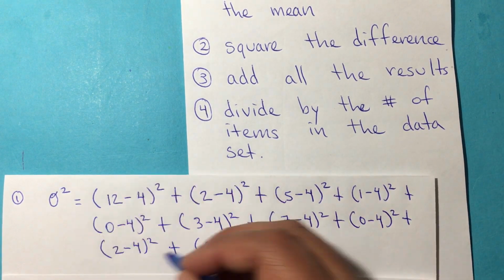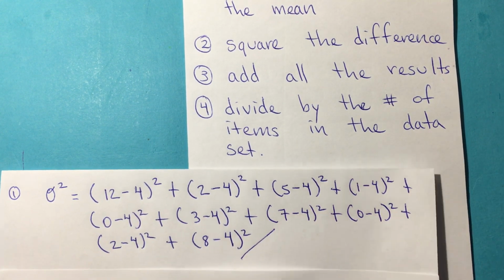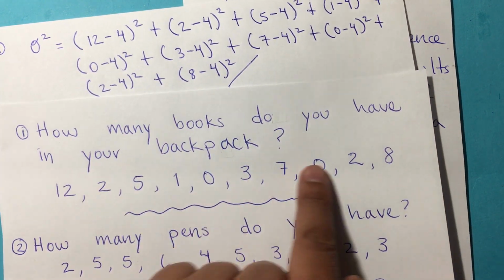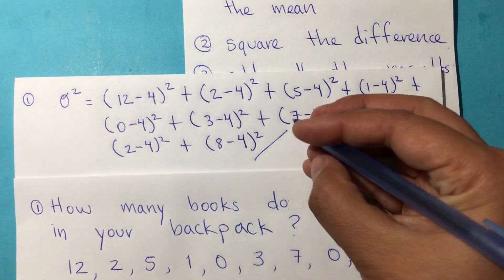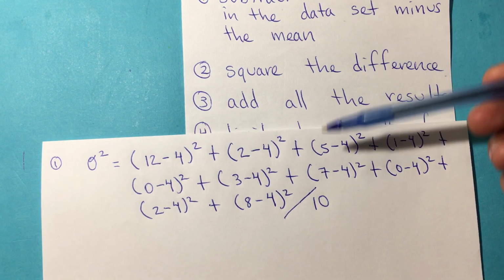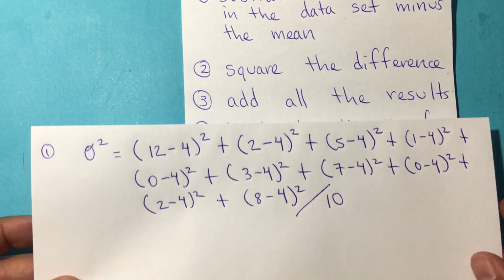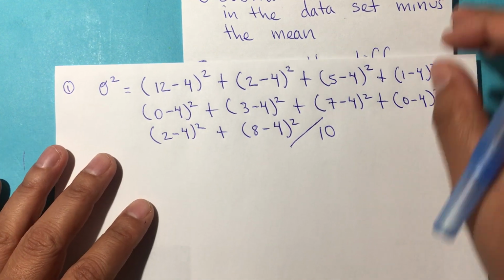So after you do all of this, you're going to divide by the number of items, which is the 10 items in here. Okay, divide by 10. And so by writing all this, you already have all those steps written down, but it's not simplified.